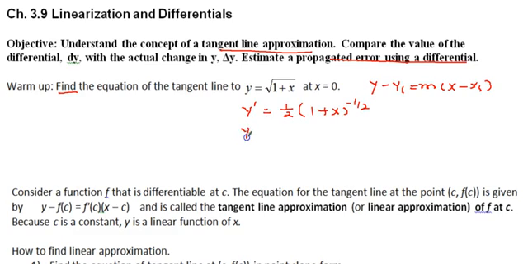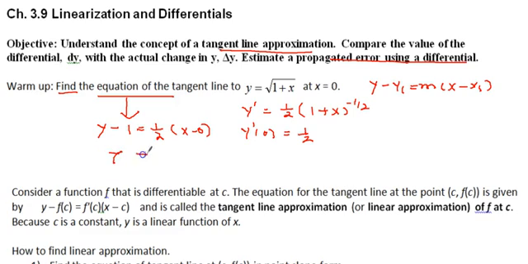If I'm finding y prime of 0, if I'm trying to find the slope at 0, the slope will be 1/2. So my equation of tangent line will be y minus, if I substitute 0, y minus y1, so that will be 1, slope is 1/2, and x minus 0.